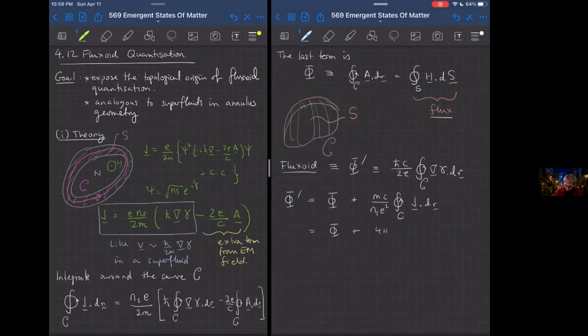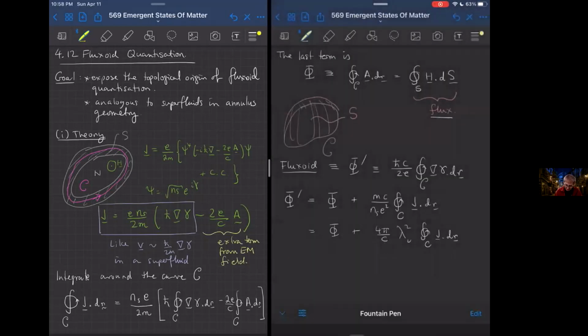So I can write this as 4 pi over c times lambda, the penetration depth, squared times the integral of J dotted with dr. Okay, so all of that is exact.